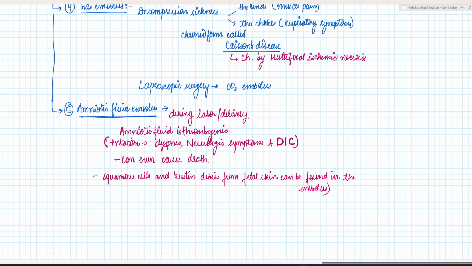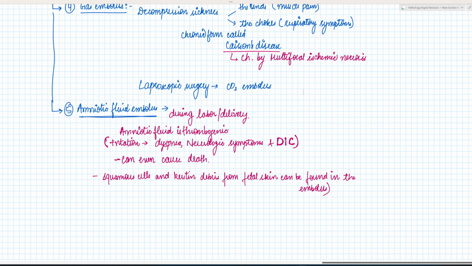Amniotic fluid is thrombogenic because it contains tissue thrombotic factors, which you can recall we discussed in the coagulation cascade, the extrinsic pathway, which is activated by tissue thromboplastin. So it has thrombogenic factors which can cause thrombus.